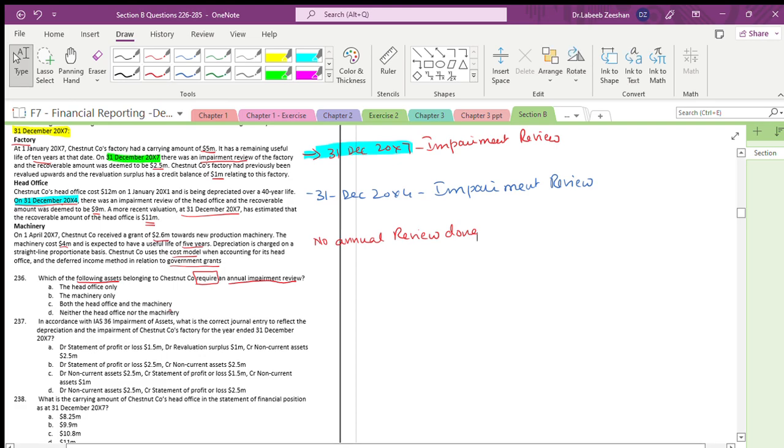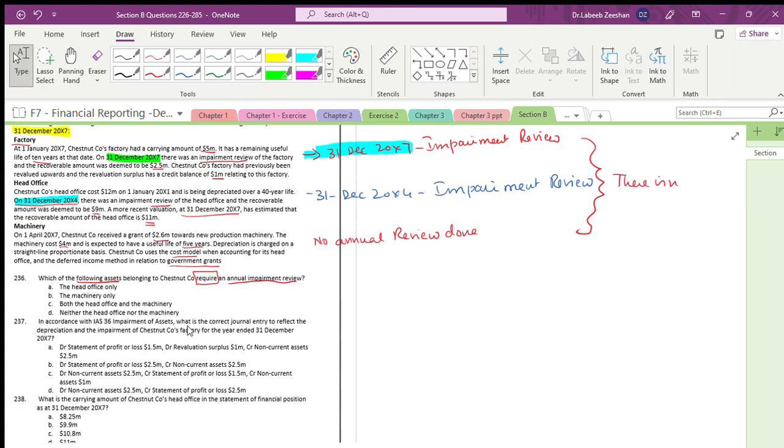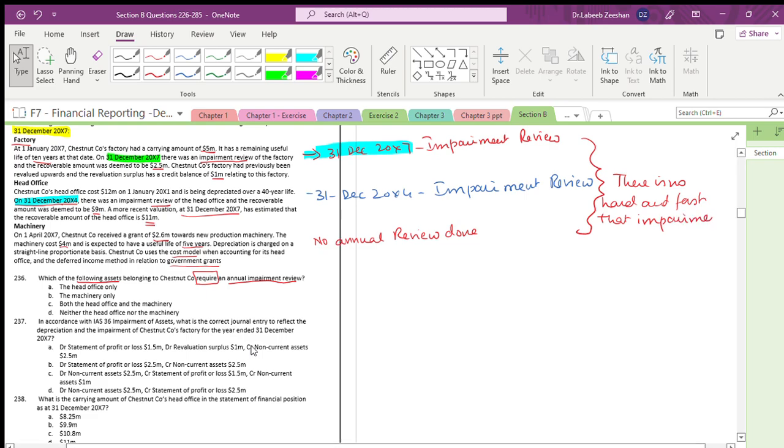Now, when we are talking about the head office, they have depreciated for 40 years. There was an impairment review. I will make it very clear here: there is no hard and fast rule that impairment has to be done annually.